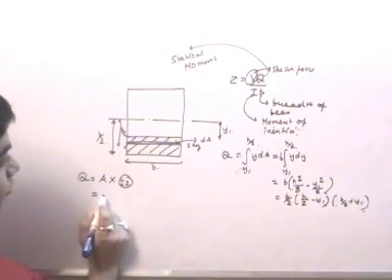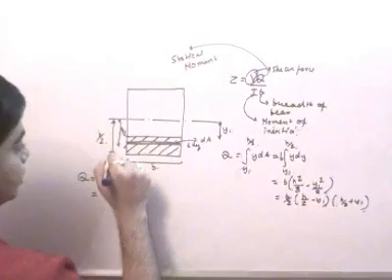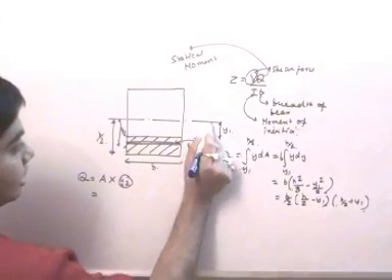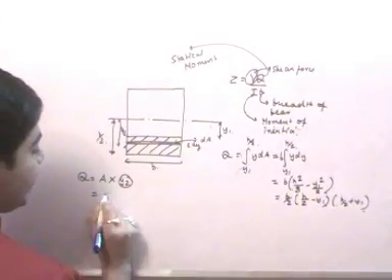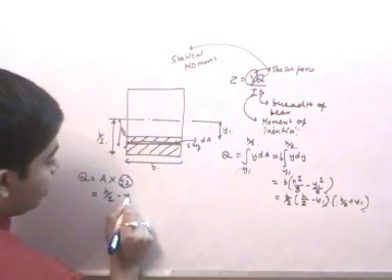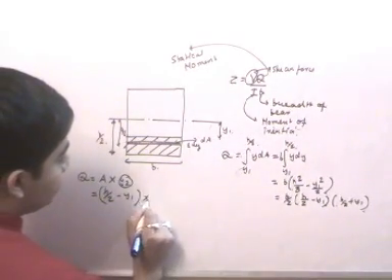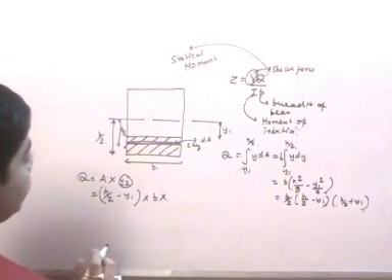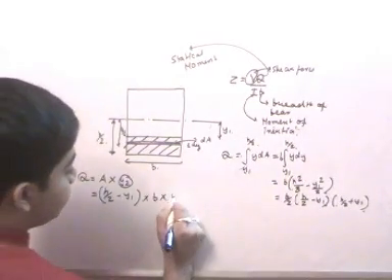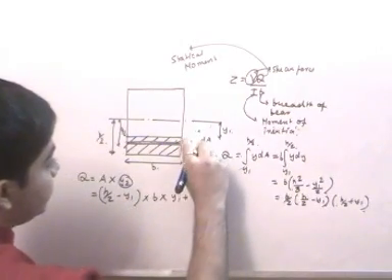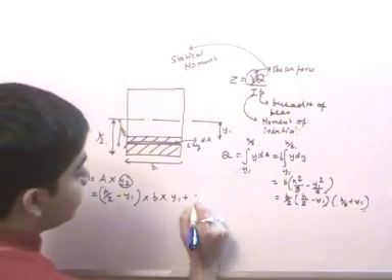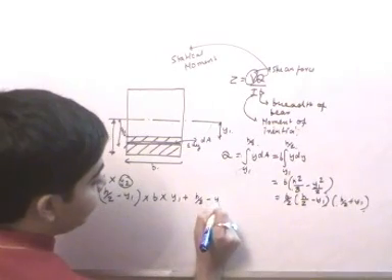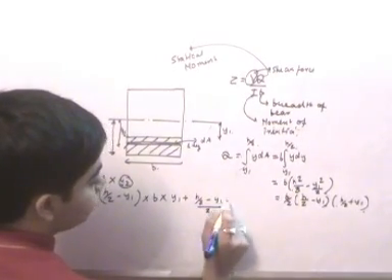So area is nothing but, if the total is h by 2 and this is y1, so this is h by 2 minus y1 into b, which will give me the area, and y2 is nothing but y1 plus this by 2, and this is nothing but h by 2 minus y1 by 2.